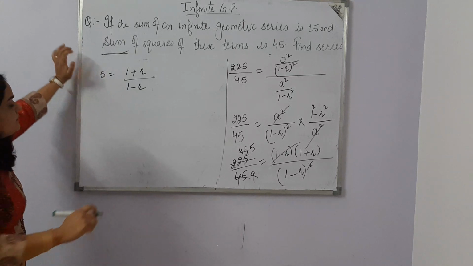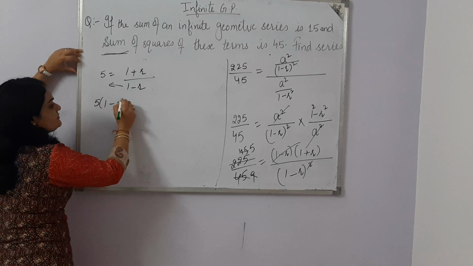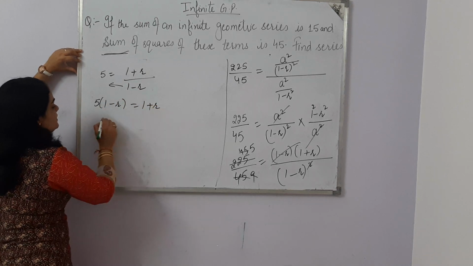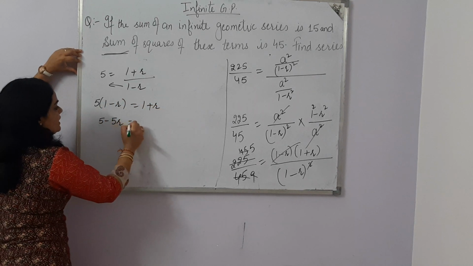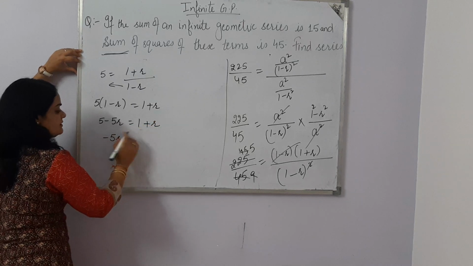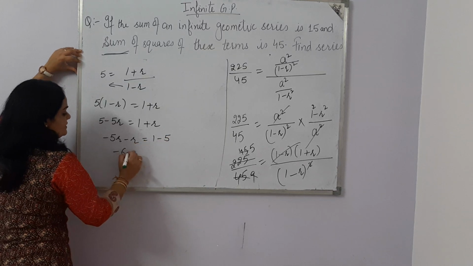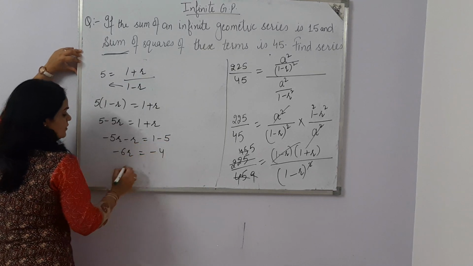Now, when this term goes to this side, it will multiply with 5. It becomes 5 minus 5r equals 1 plus r. So when this r goes to this side, it becomes a minus sign, 1 minus 5, minus 6r upon minus 4.